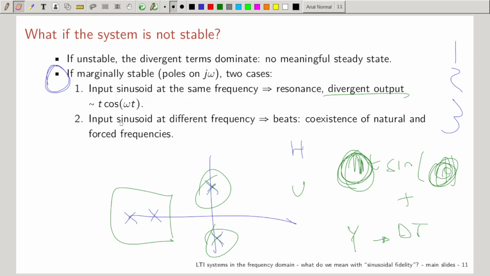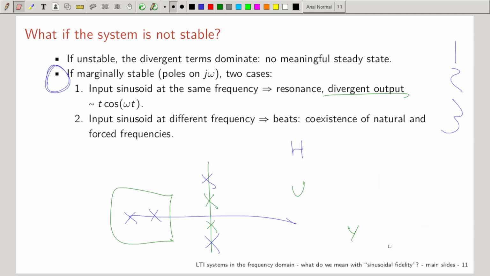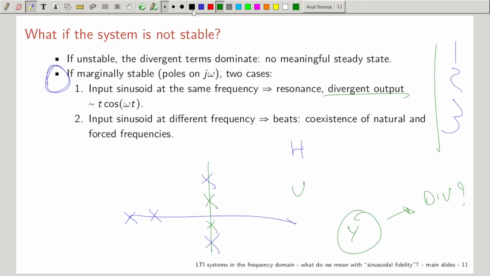Perfect. If instead I've got H that looks like this one, but U looks something different, will Y diverge? Yes, no, I do not know. Discuss. Do you see the colors that are different? Let's say that the green one, we make it a little bit thicker so that you see. And this is my U. Discuss. Will Y total diverge?